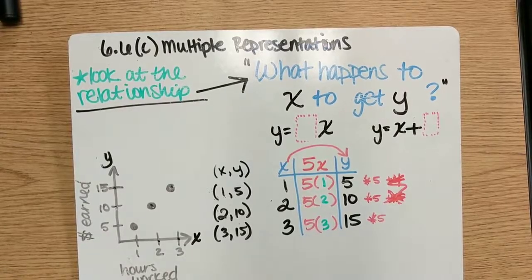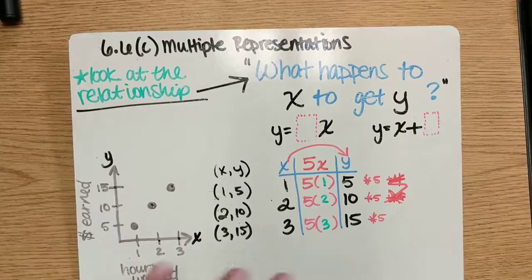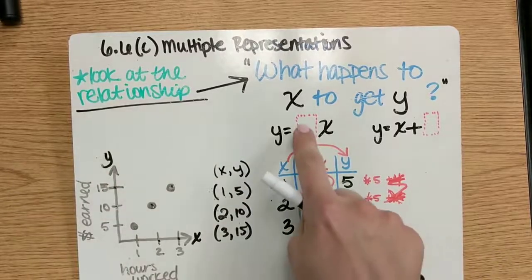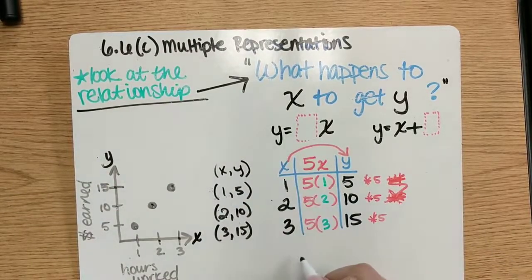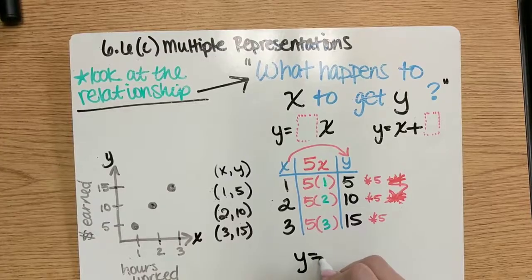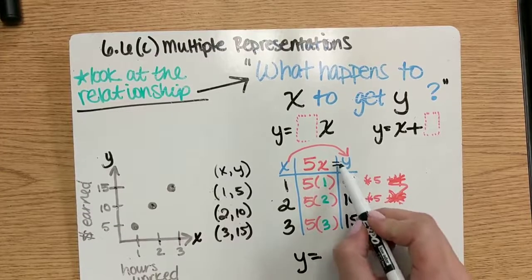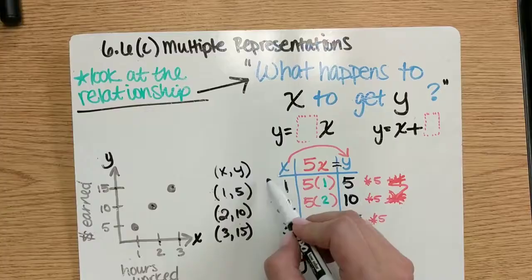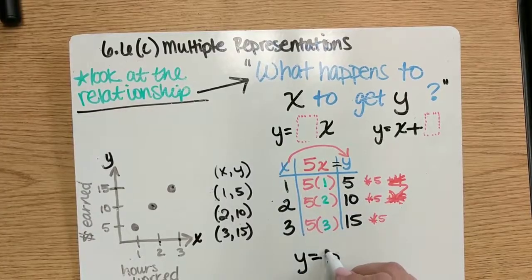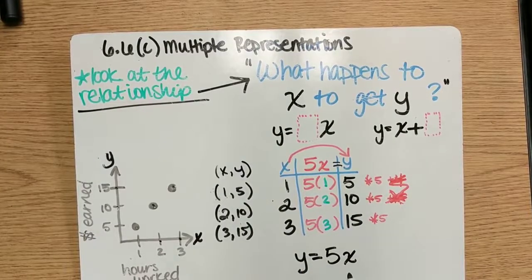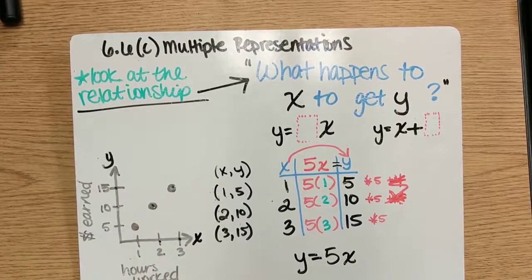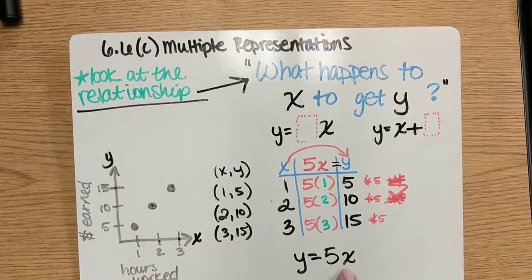So the equation for this scenario, our multiplying, would be y equals, of course, the y's on this side, but we're just going to put it on the other side. Y equals 5x. That would be the equation for this relationship. However many hours you work, that's x.